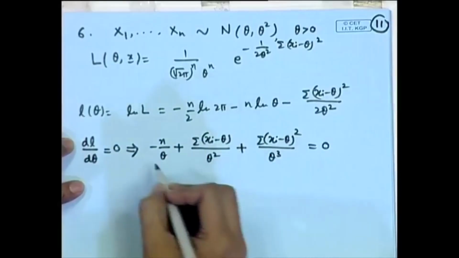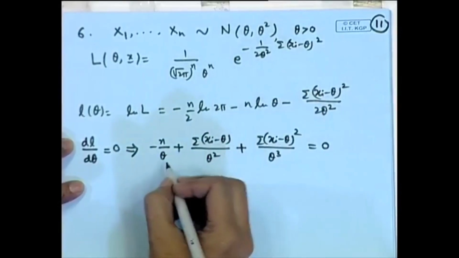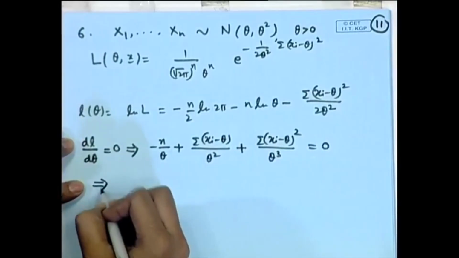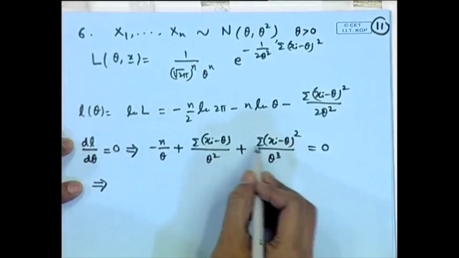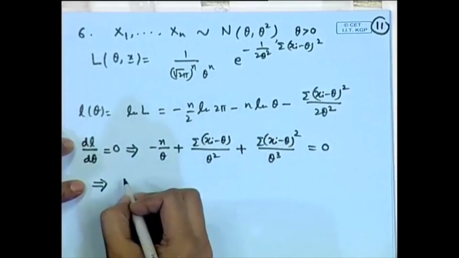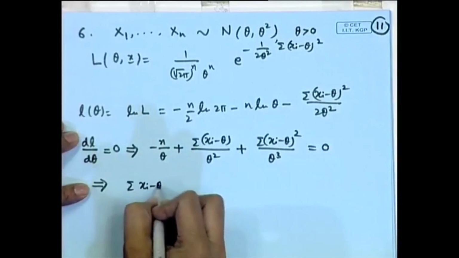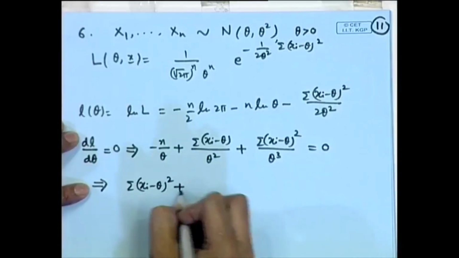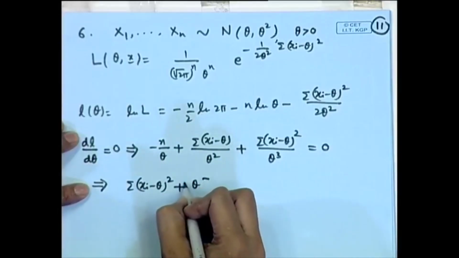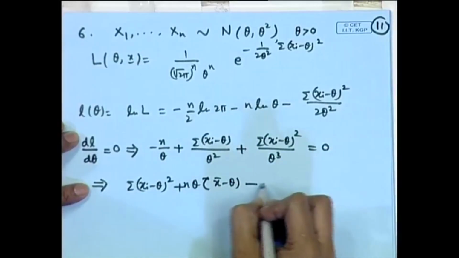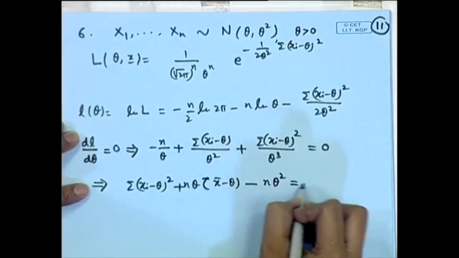Okay, so if theta is taken to be positive, I can strike off one theta. I multiply by theta cube in the full equation and we get sigma (xi minus theta) square plus theta into (n x bar minus n theta) minus n theta square equal to 0.